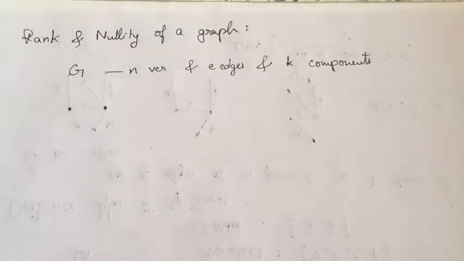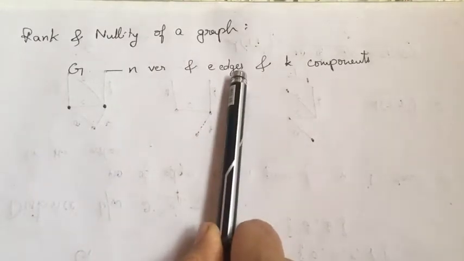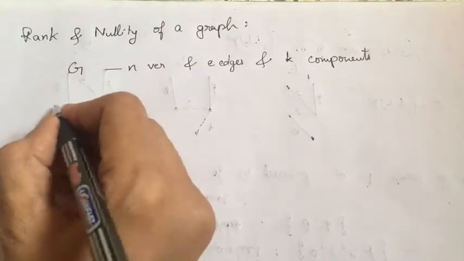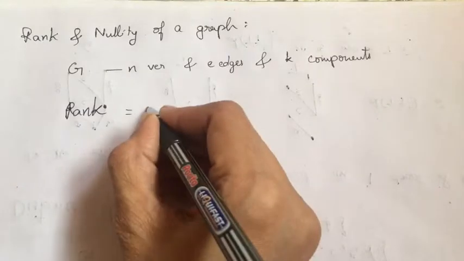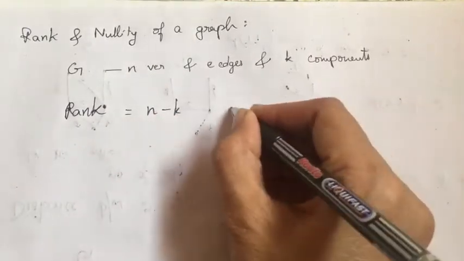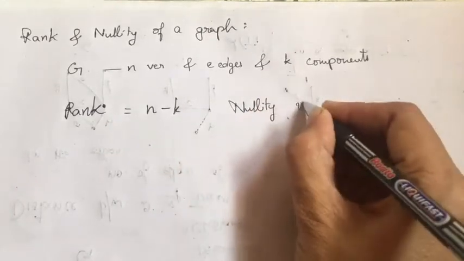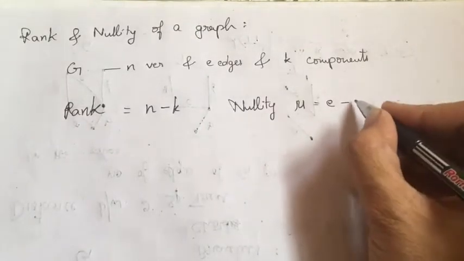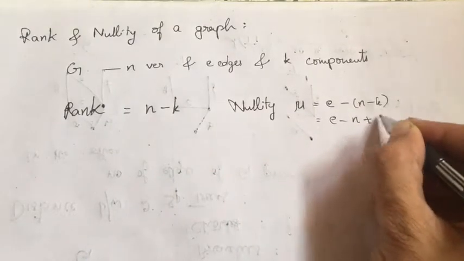Next is rank and nullity of a graph. Suppose I have a graph G with n vertices, e edges and k components. Then the rank of a graph is nothing but n minus k, and nullity, denoted as mu, is nothing but e minus n minus k, which is nothing but e minus n plus k.